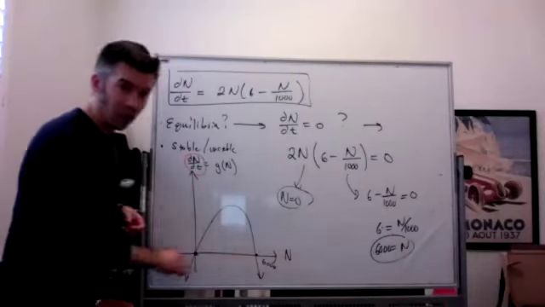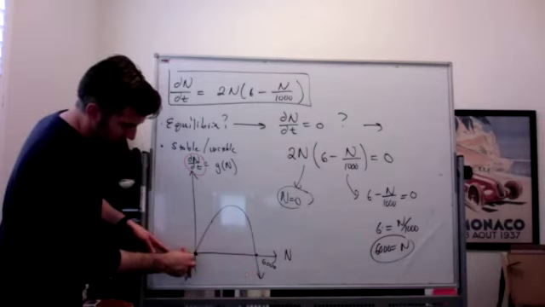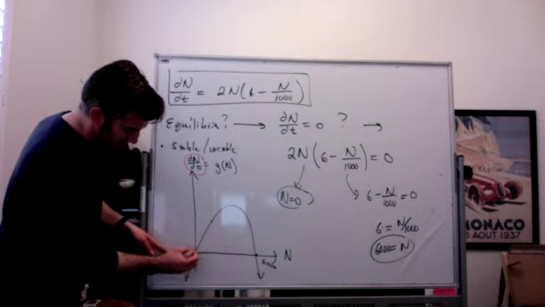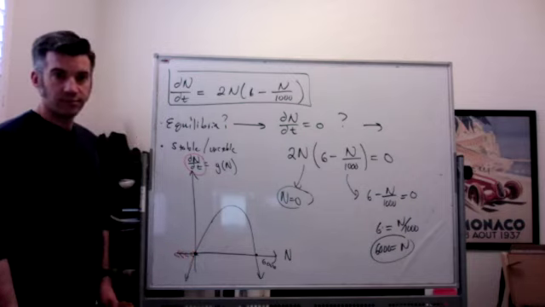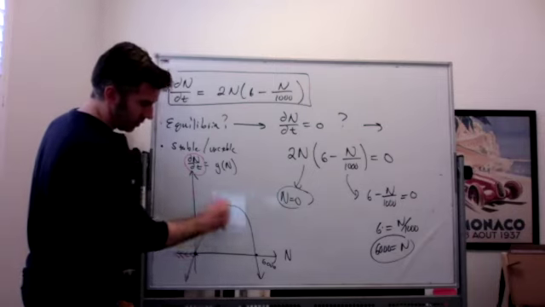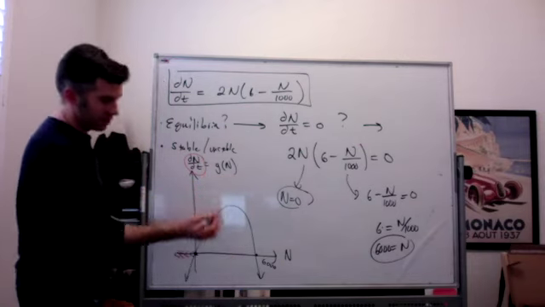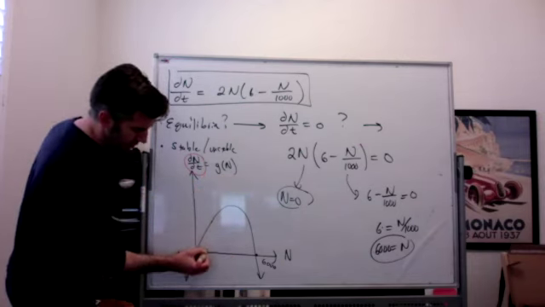But n is on the horizontal axis. So over here, where dn/dt is negative, n is getting smaller. Over here, looking at this part of the graph, where dn/dt is definitely positive, n is increasing.